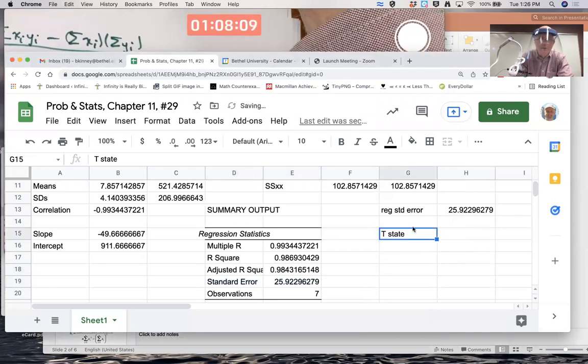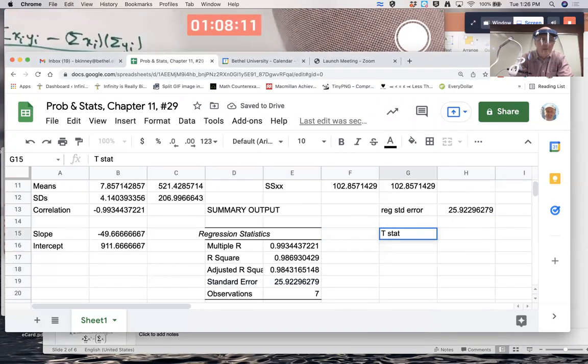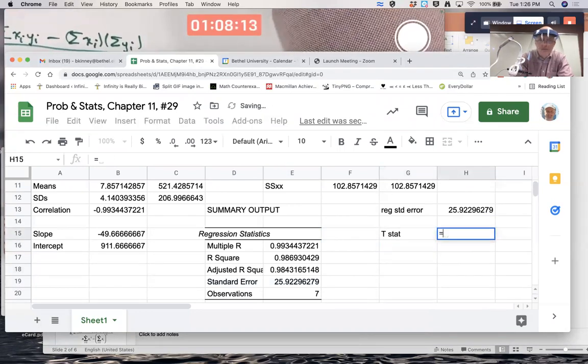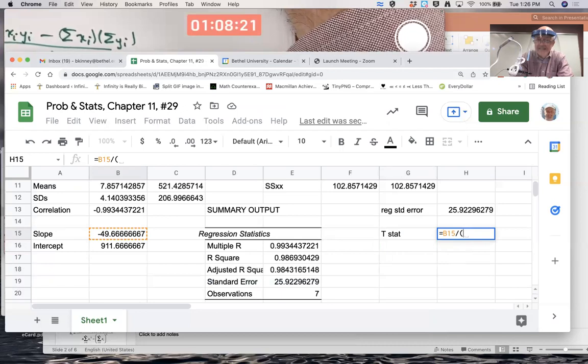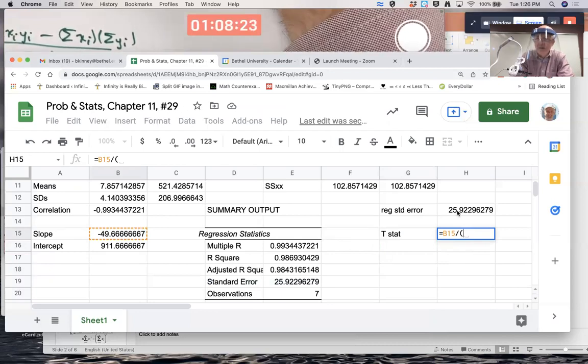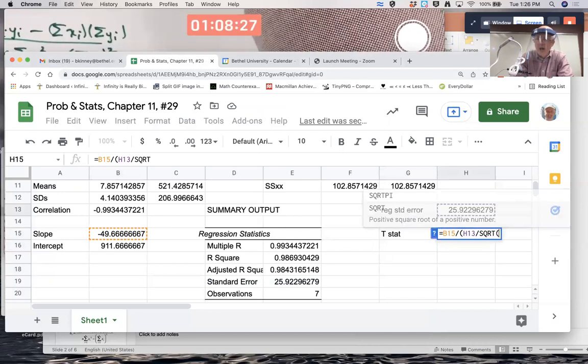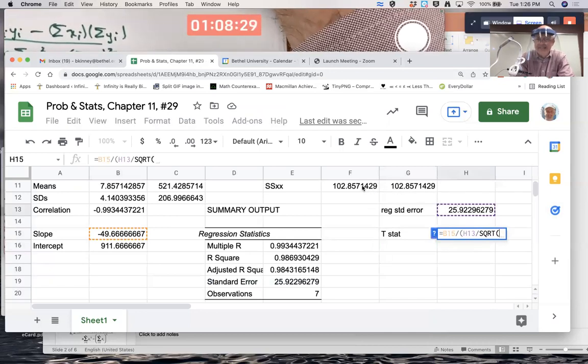The formula was B1, cell B15, divided by the ratio of S, the regression standard error, divided by the square root of SSxx.